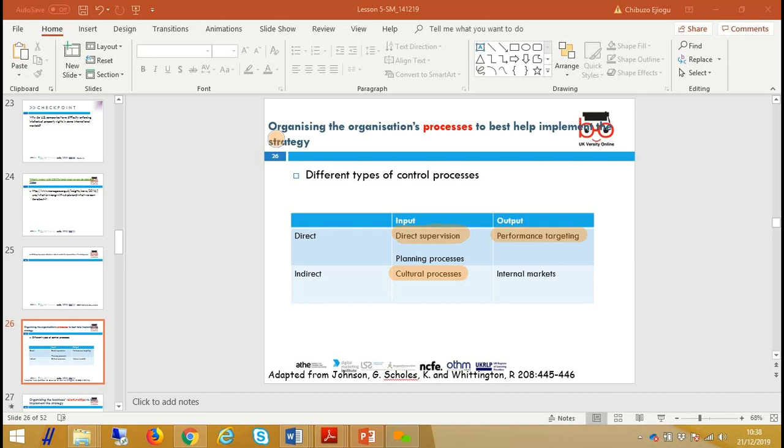Here we look at what we call internal market. So what you can do is use demand and supply to act as a form of control. The market is demand and supply, right?